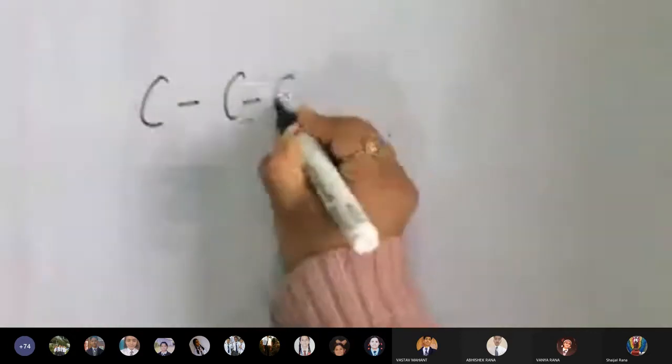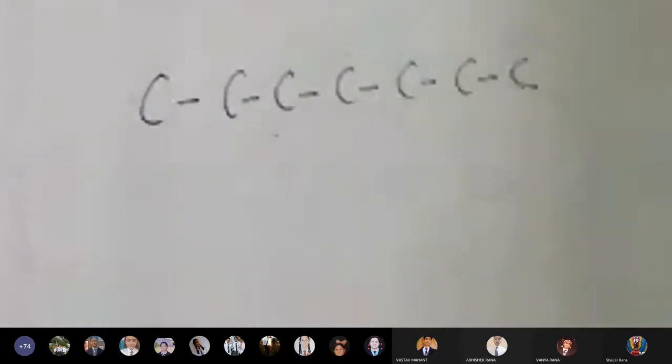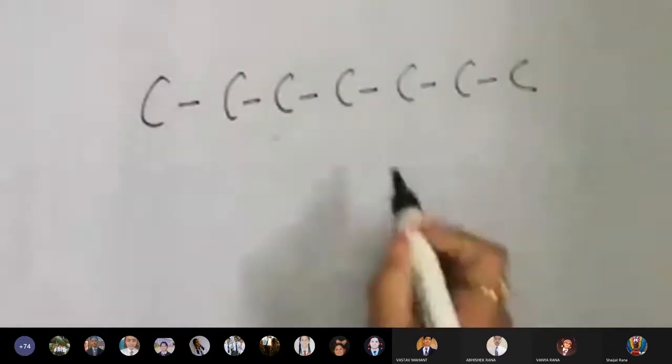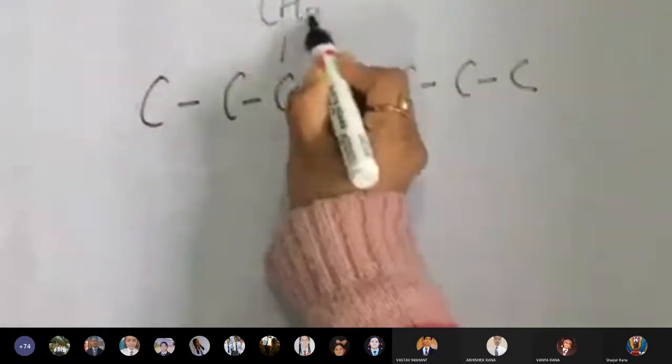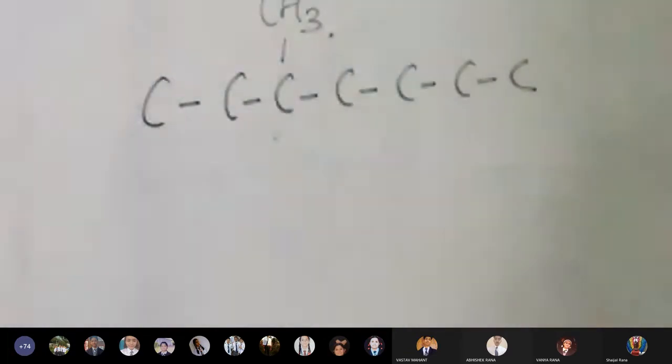I am going to write the first example given on page number 191. Here they have given 7 carbons, 2, 3, 4, 5, 6 and 7, and at carbon number 3 they have given CH3. So this is a variation of the same rule.